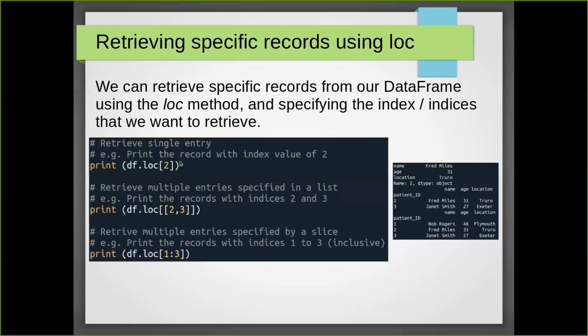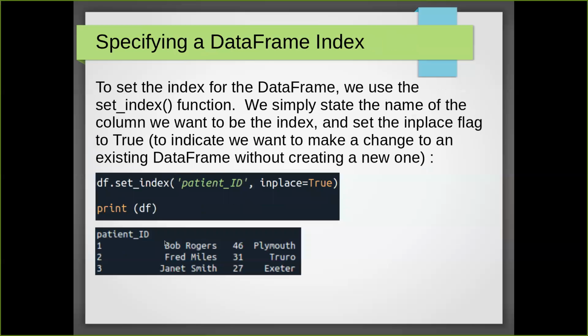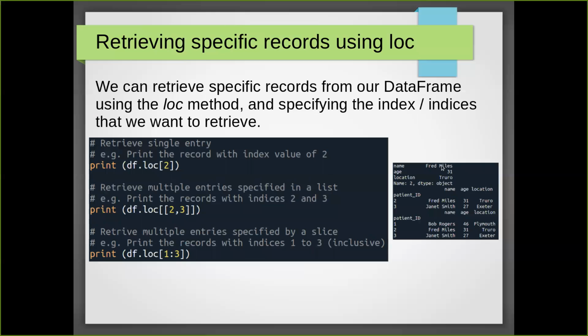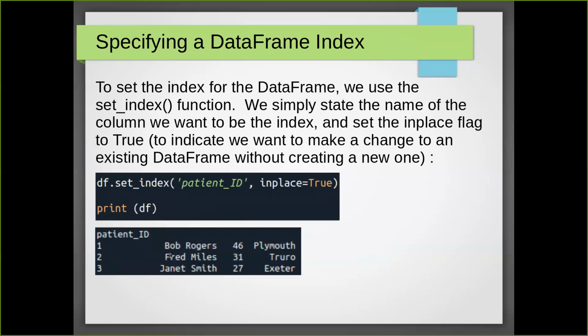So if, for example, I say df.loc[2], because we've got it set up so that the patient ID is now the index, it'll retrieve me the entry with the corresponding index or patient ID of 2. And so if I print that, it'll print me this information here. It'll say the name is Fred Miles, the age is 31, location is Truro, which is what we see here.